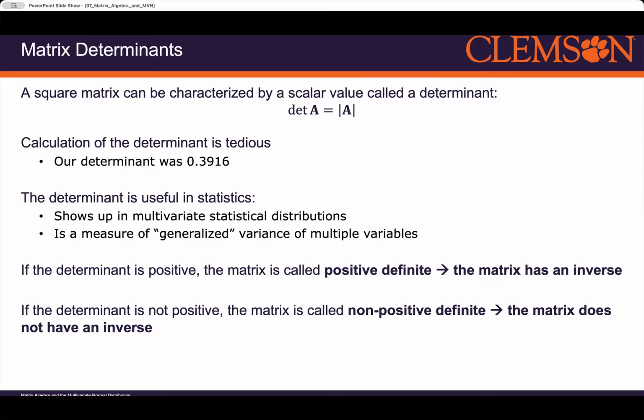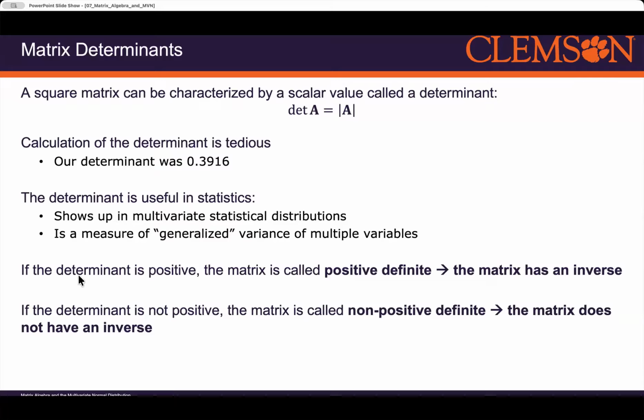The narrow, the vectors are very close together, small angle, would be very highly correlated data. And that highly correlated data has less generalized variance, less volume of what we call a hypercube in this space. So that's one concept. We will not focus on the generalized variances a whole lot here. It does show up occasionally, but the determinant is good for another reason. If the determinant is positive, the matrix is called positive definite, which means it has an inverse.